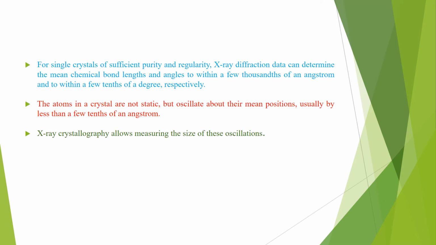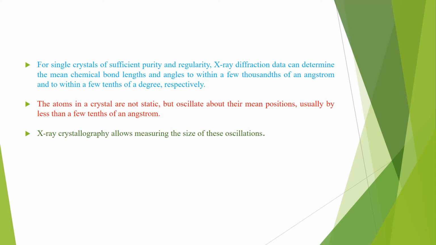Dear student, in this slide, we are going to tell you that if the single crystal is of sufficient purity and regularity, then X-ray diffraction data can determine the mean chemical bond lengths and angles.